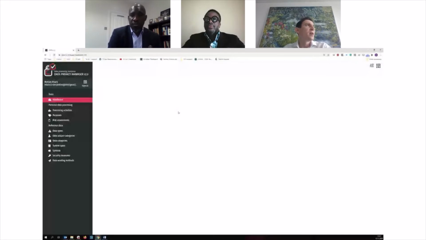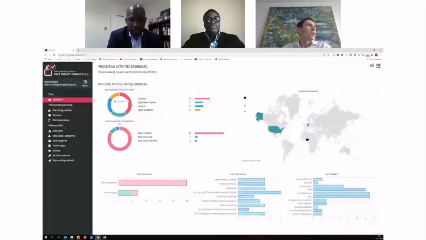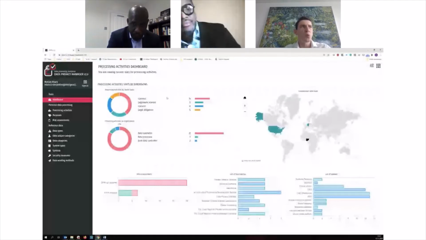And I have here the data processing inventory, which is a central register for tracking and managing everything that is happening in terms of personal data processing, including where the processing is taking place.